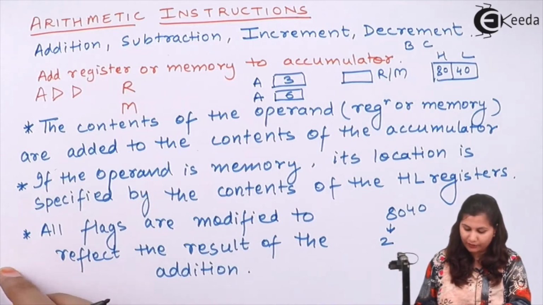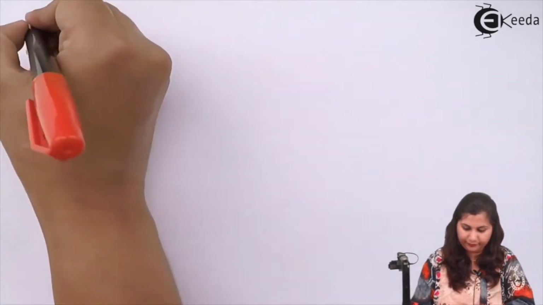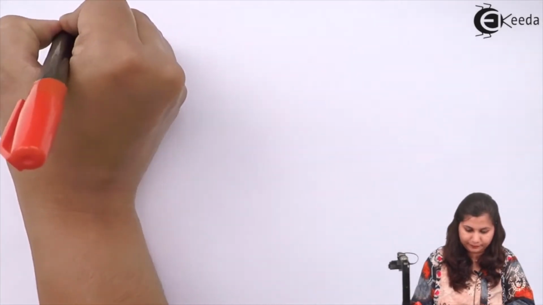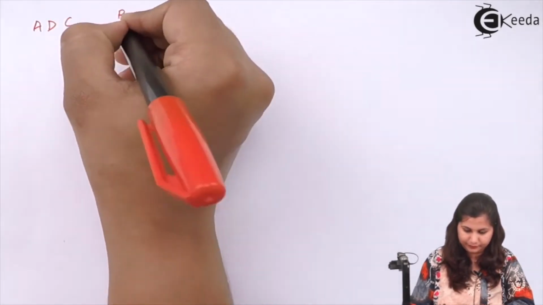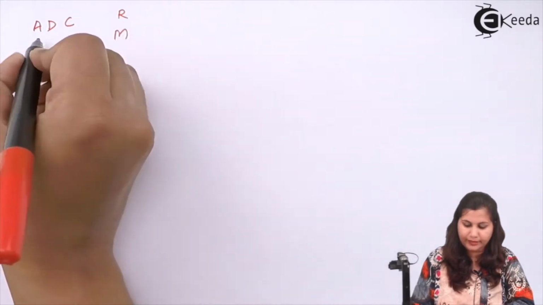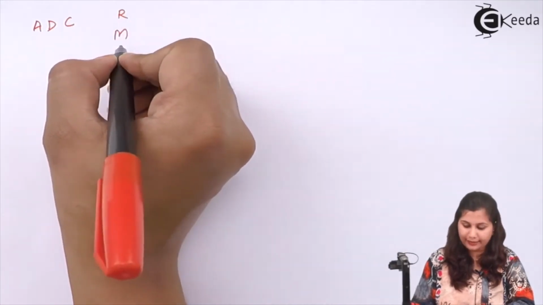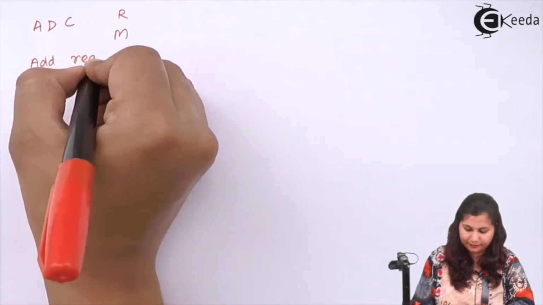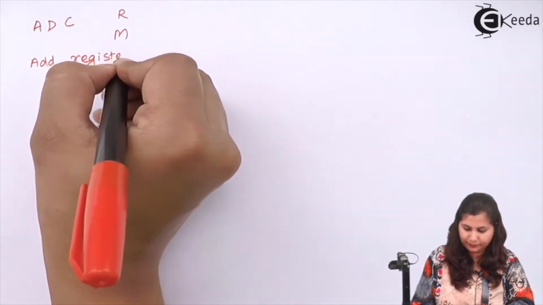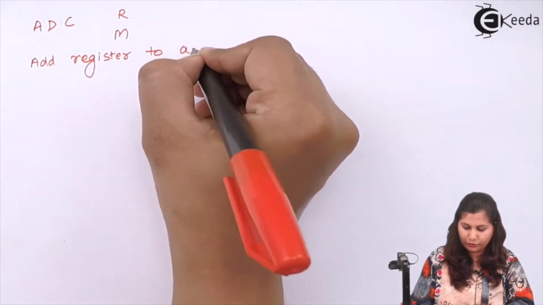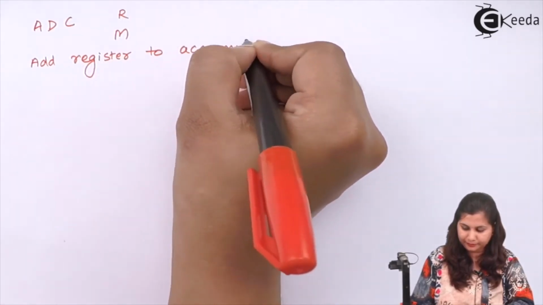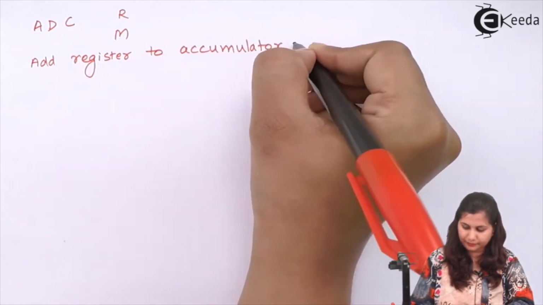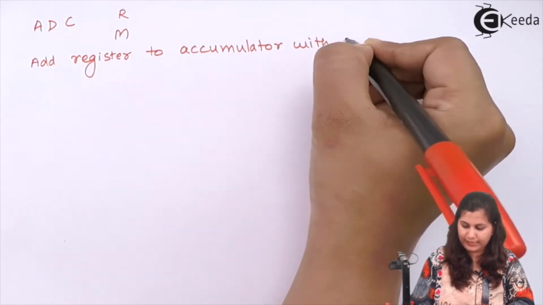Next instruction we have is ADC, R and M. This is add register to accumulator with carry.